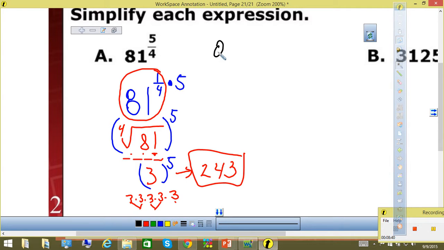Example B. Right next to that, I want you to do this next one by yourself. Let's do 8 to the 6/3.